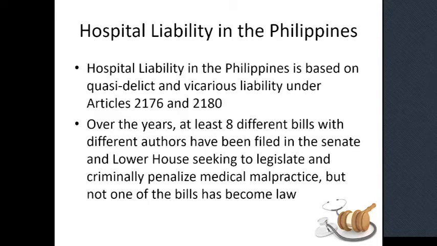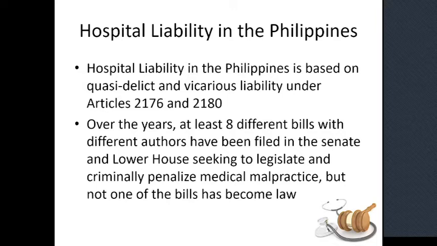So let's take a look at the specific form of hospital liability in the Philippines. Hospital liability is based on quasi delict and vicarious liability under Articles 2176 and 2180. When we say quasi delict and vicarious liability, you're not the direct agent that caused the harm.